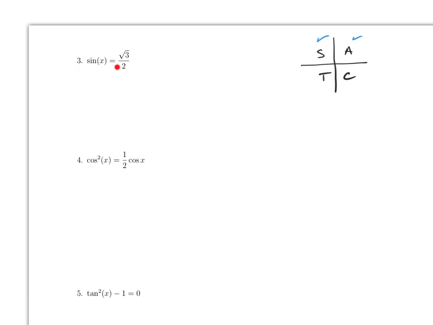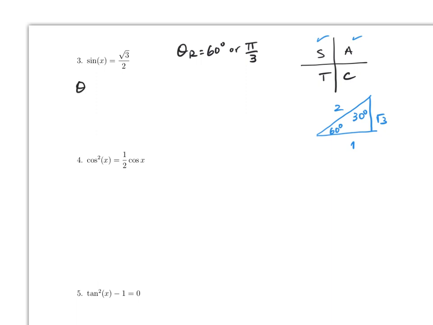Since the value is radical 3 over 2, again, if we look to the special triangle, if this is 60 degrees, notice that this is radical 3, this is 2, this is 1, and this is 30 degrees. So therefore, the reference angle for this problem has to be 60 degrees or pi over 3.